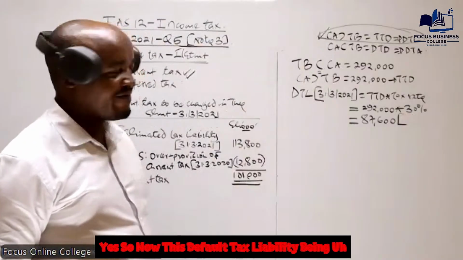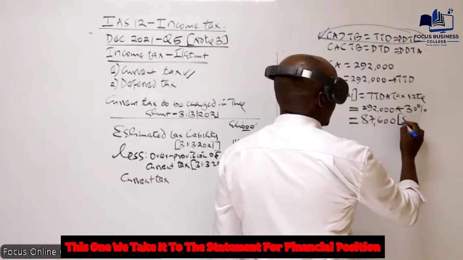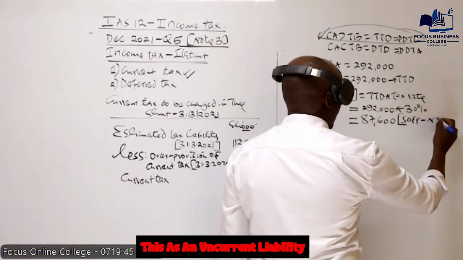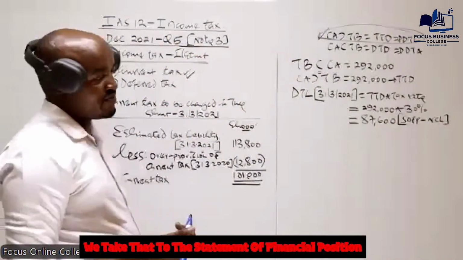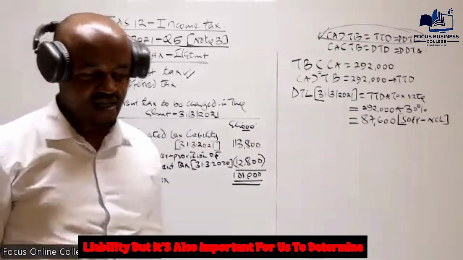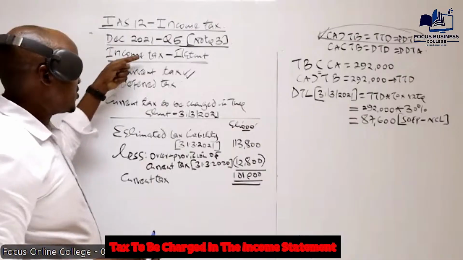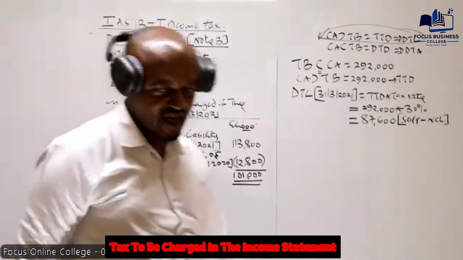So now this deferred tax liability, being the deferred tax liability at the end of the year, we take to the statement of financial position, and we recognize this as a non-current liability. But it's also important for us to determine the amount of deferred tax to be charged in the income statement. How do we determine that?